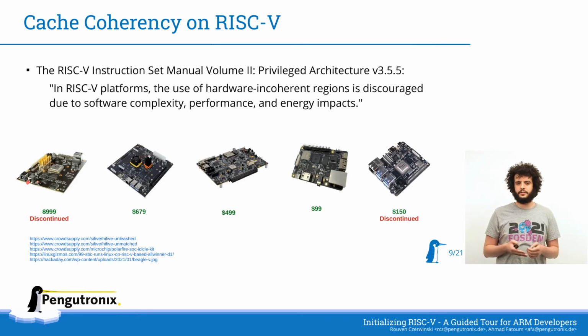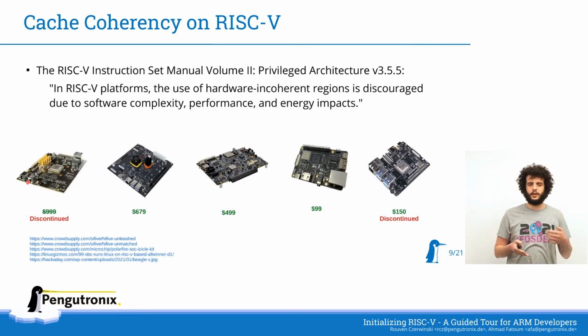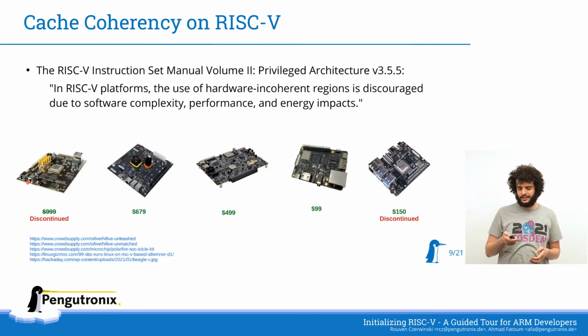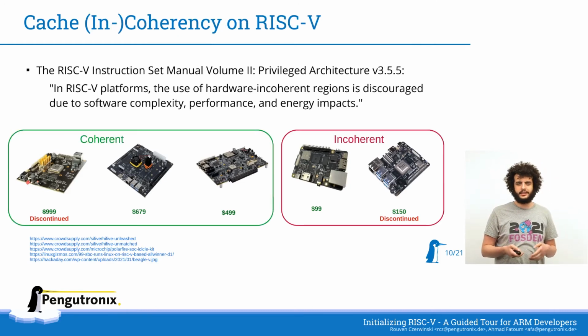Here are 5 different single board computers. They range over an order of magnitude from $100 to $1,000. And if you were to venture a guess which ones of those decided in favor of hardware complexity to save on software complexity, you will probably guess right.